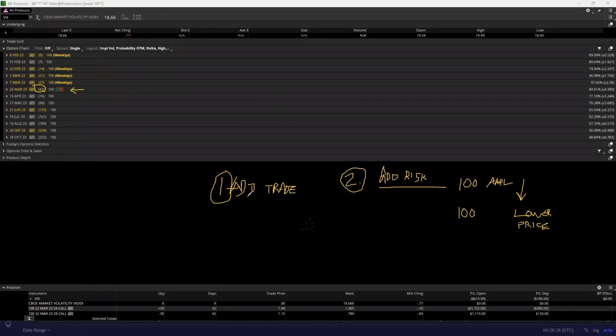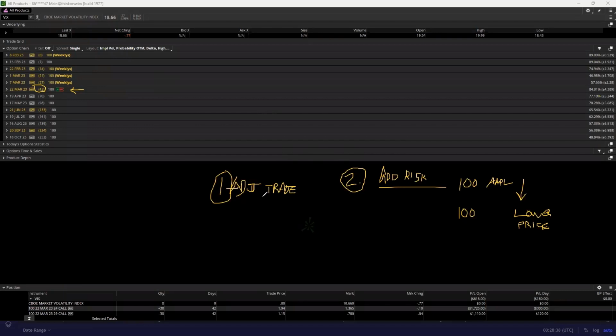So this is really the first step when I make a trade adjustment: what can I tweak in the trade itself that's maybe not working, or maybe it's not that I don't think it's going to work. My forecast or my outlook hasn't necessarily changed. It just hasn't happened in a certain time horizon.